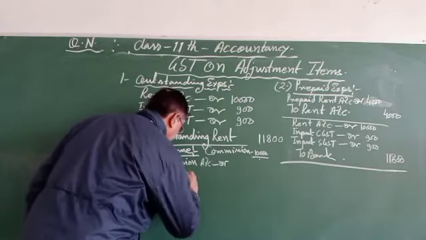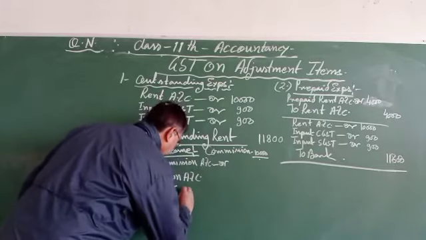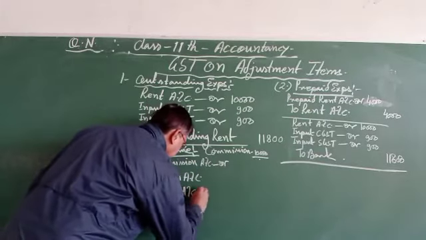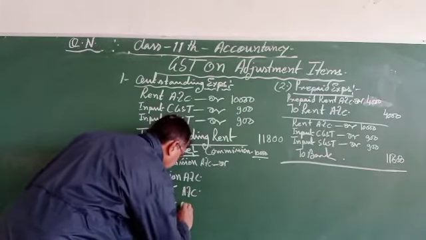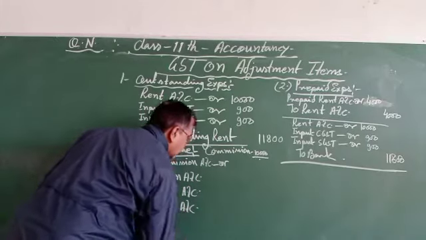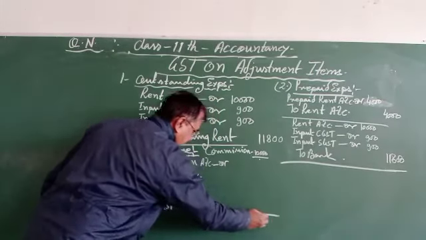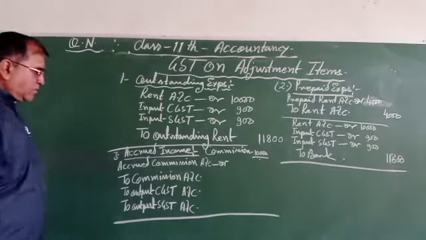Just this one is the account and this one is the account and this one is the account. This one is the accrued commission.